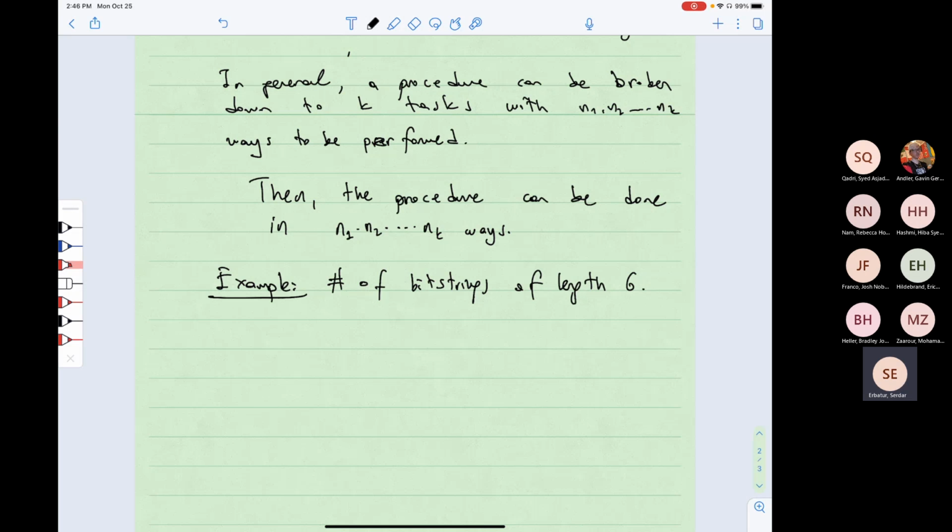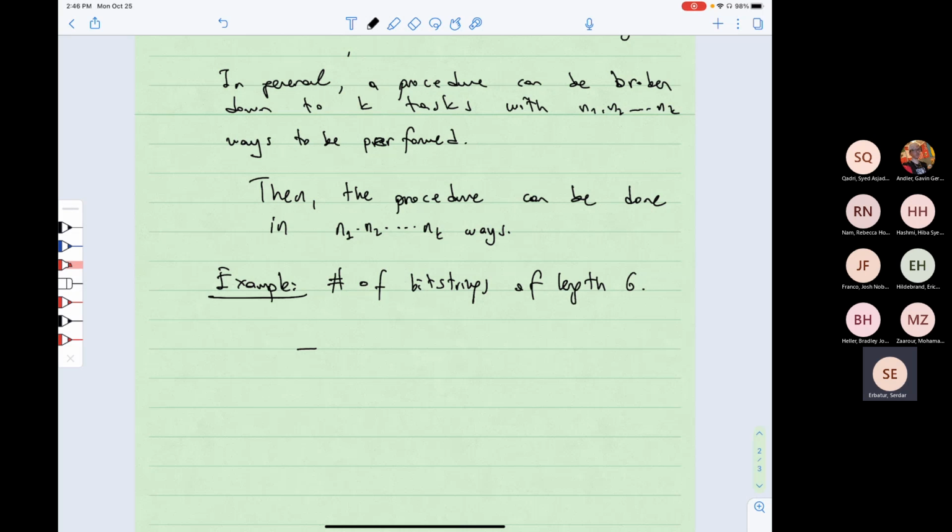So I want to count the bit strings of length 6. To write down a bit string of length 6, first you need to write a first bit, then a second bit, and the third, 4th, 5th, 6th. Naturally, everybody agrees with me on that.